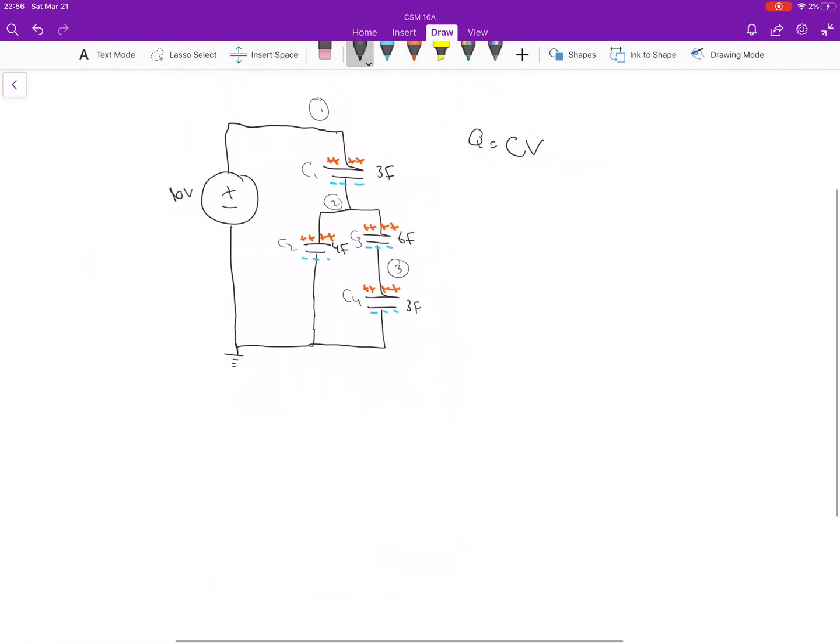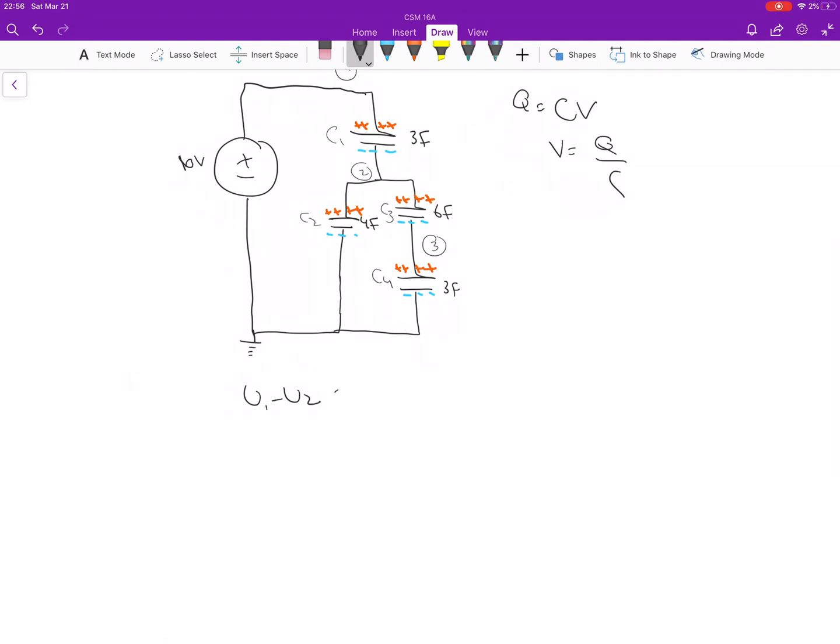Okay, so the first one we can write is an equation across C1, where we know that above it is positive, so we can do U1 minus U2 is the voltage across that capacitor. And let's see, how do we want to write this? Maybe we can write it as V equals Q over C. Yeah, let's do that.